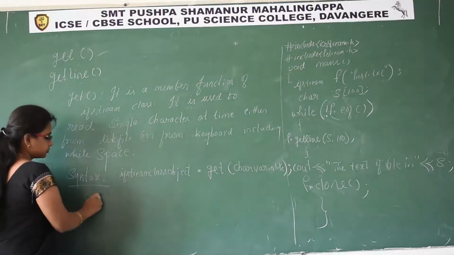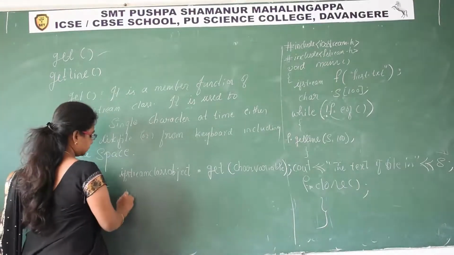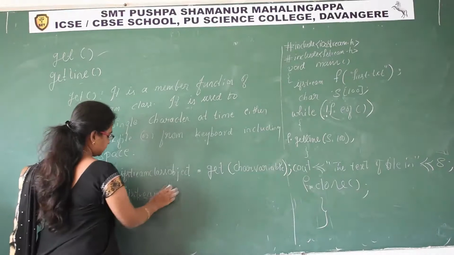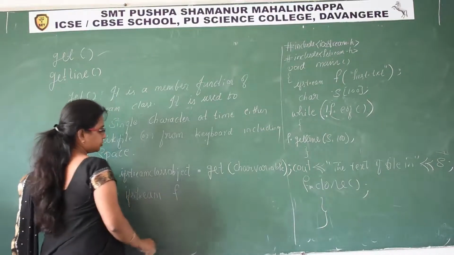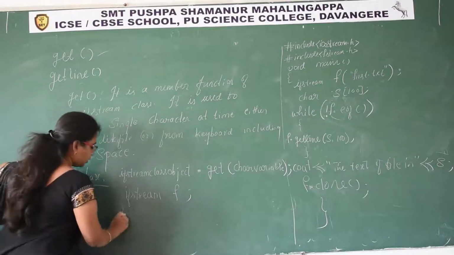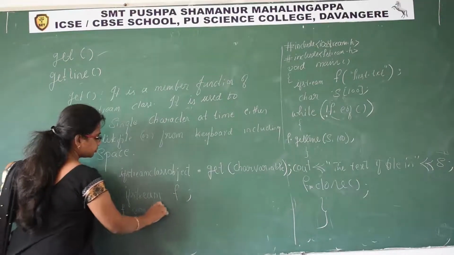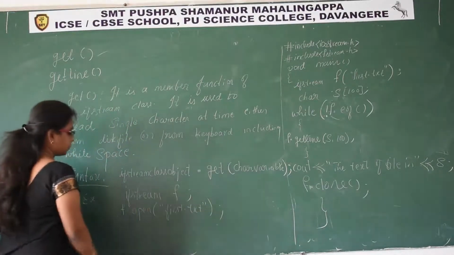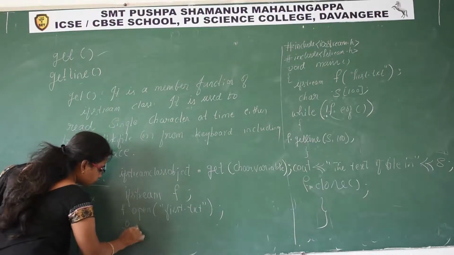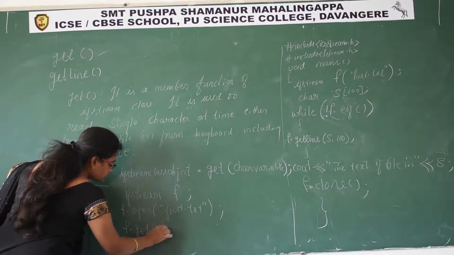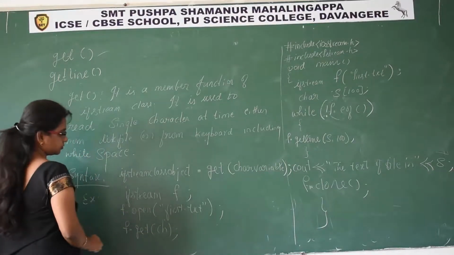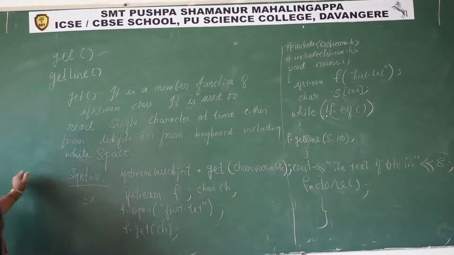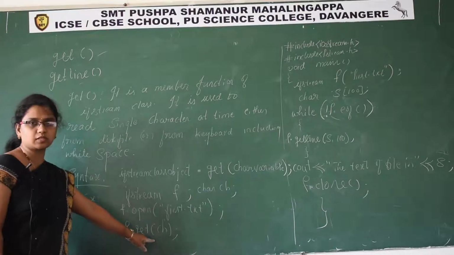Example: here I'll take only a single character. ifstream f; f dot open first dot txt; then f dot get of ch; char ch.